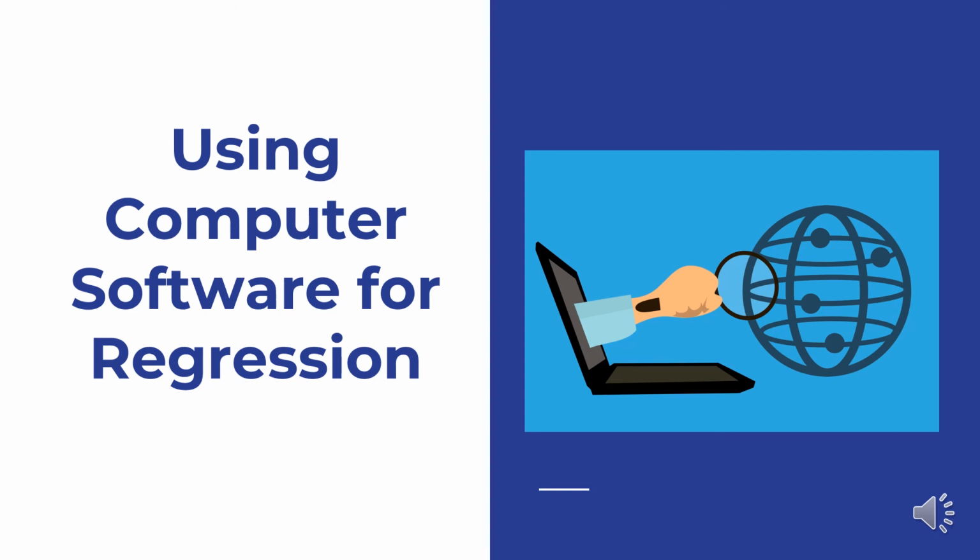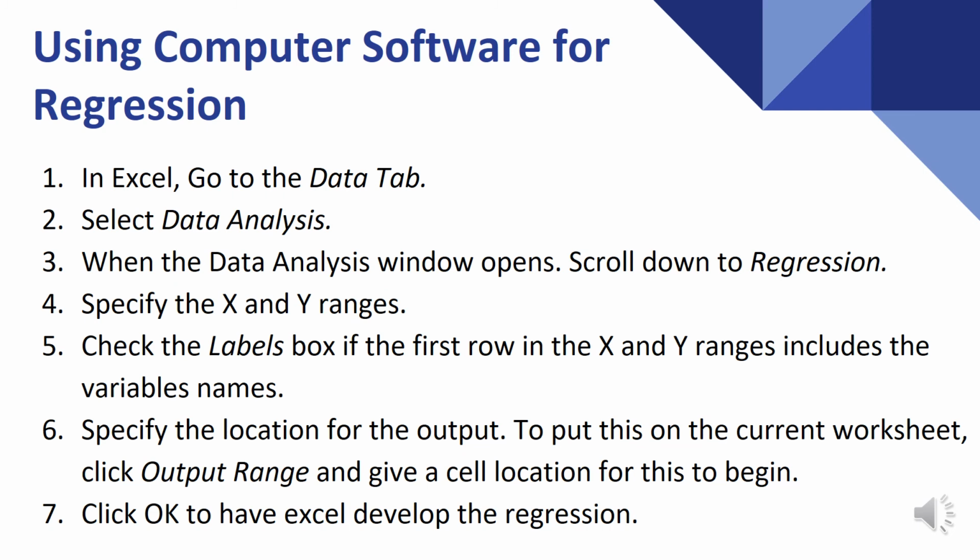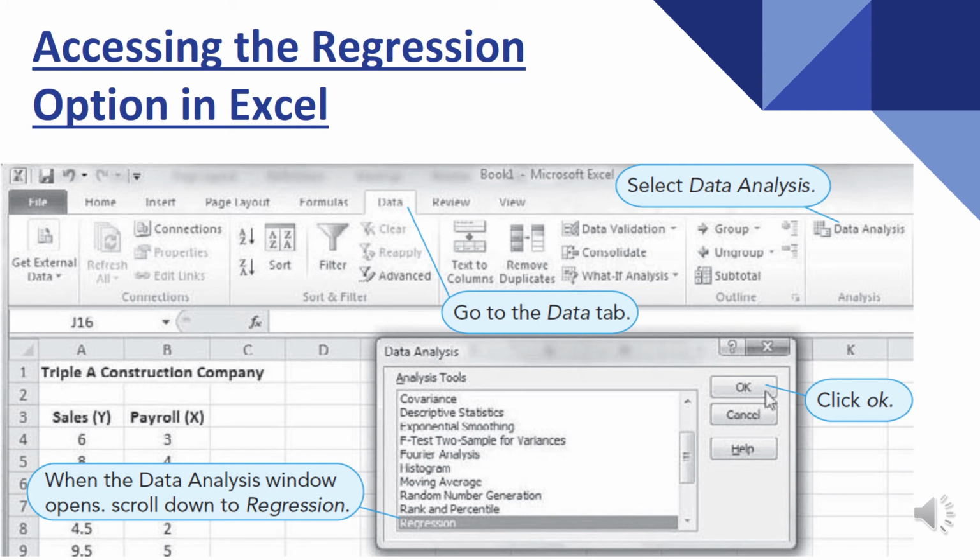Using computer software for regression. The following are the steps on how to use the computer for regression. To proceed, we will have to go through each of the following steps. Accessing the regression option in Excel.